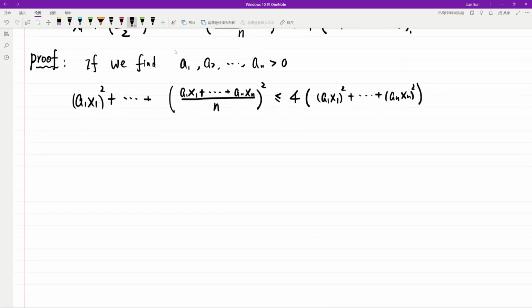So if the original Hardy inequality is true, obviously this is true, and conversely, if this is true, then of course the Hardy inequality is true.